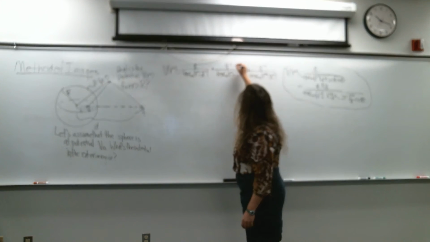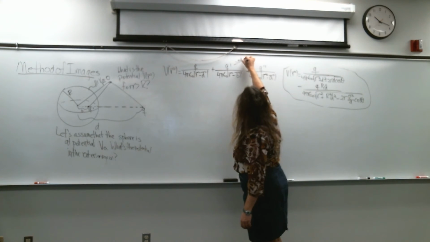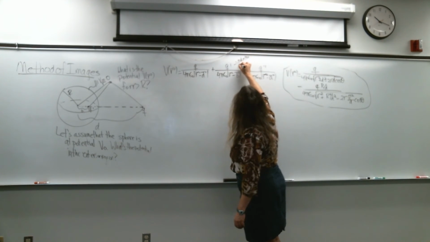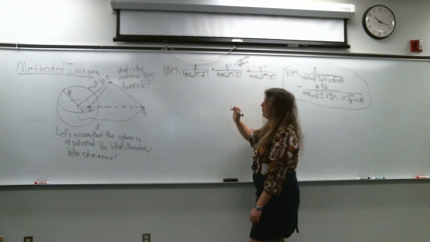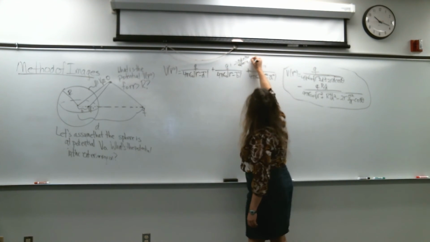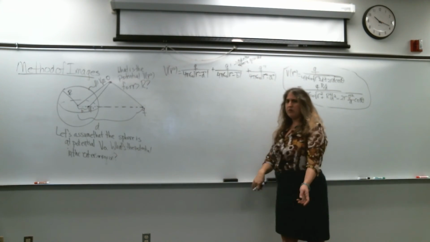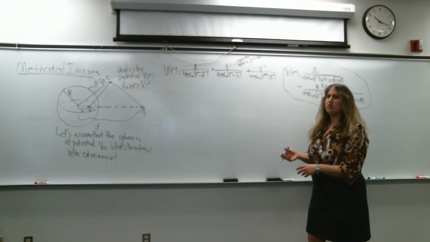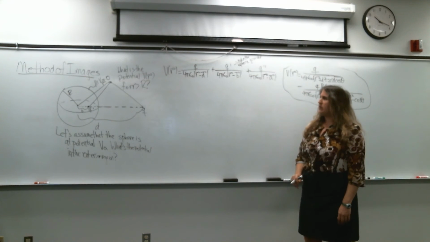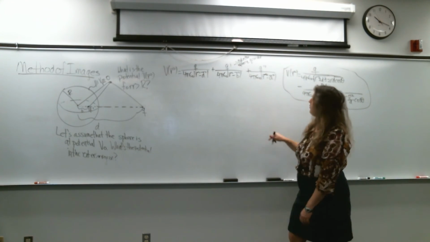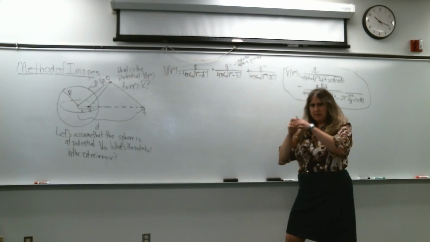So this makes the sphere grounded. And we want to figure out what's this other charge such that it makes the sphere have potential V naught. We solved this problem already. We can set that aside.